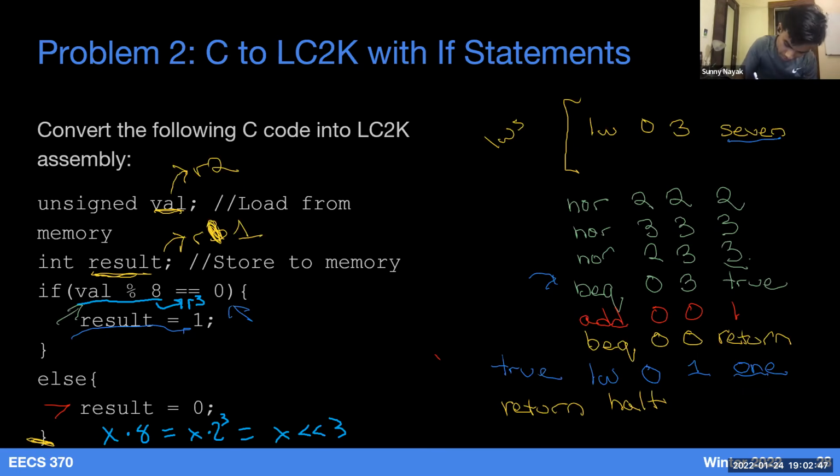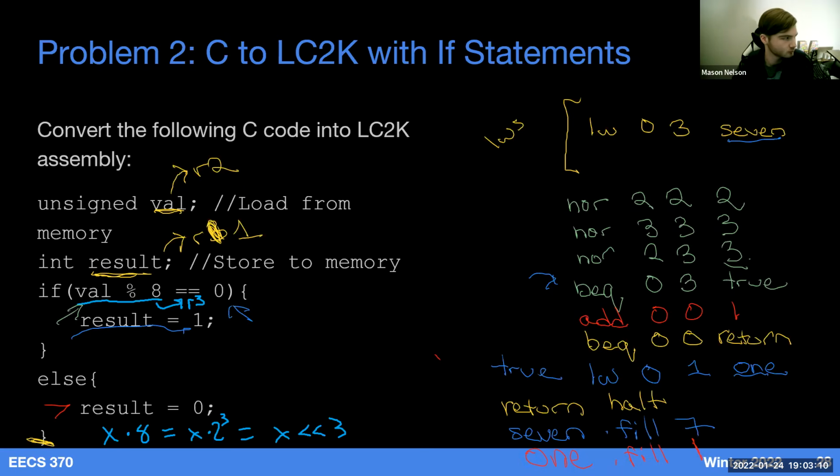So I might have 7 dot fill 7 and 1 dot fill 1. Blue is probably not the best color for that part. Yeah, I believe this should be correct.